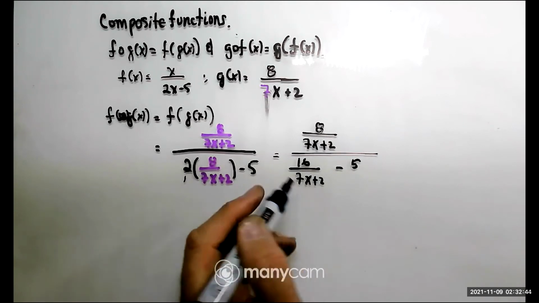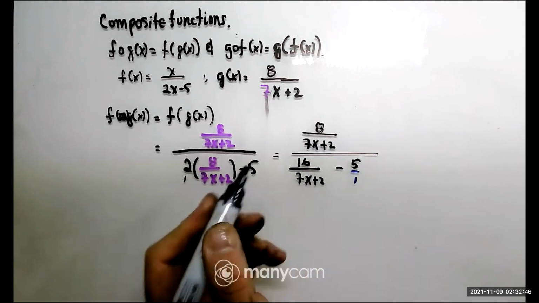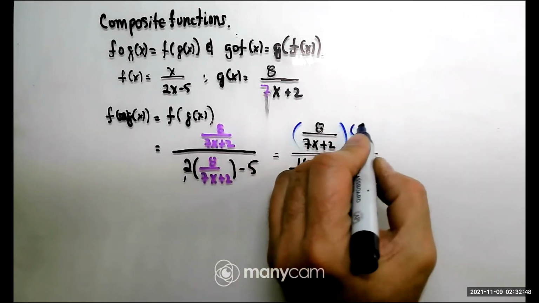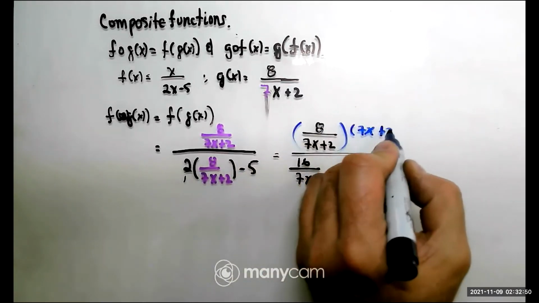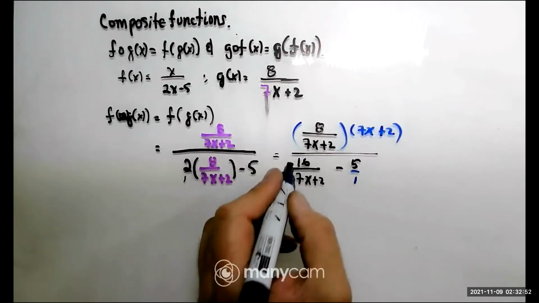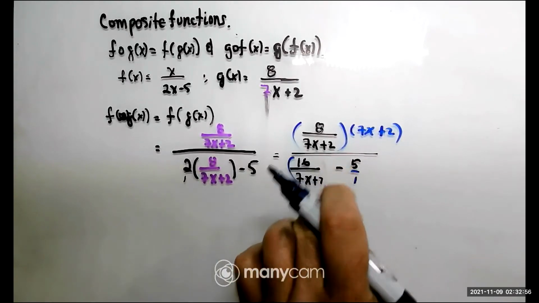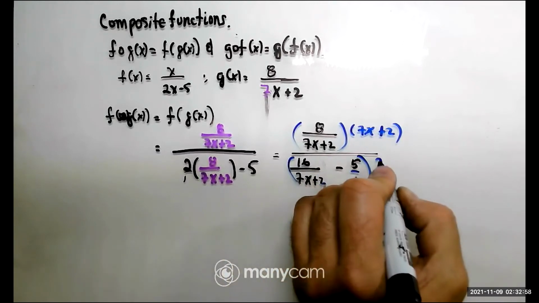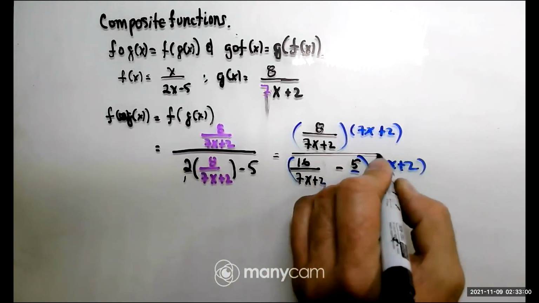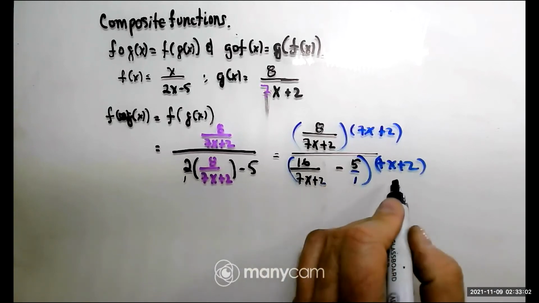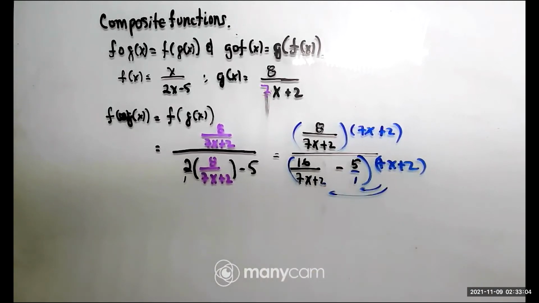I just simply multiply by the LCD. My LCD is 7x plus 2. So when I distribute this times that and this times that, let's see what we get.